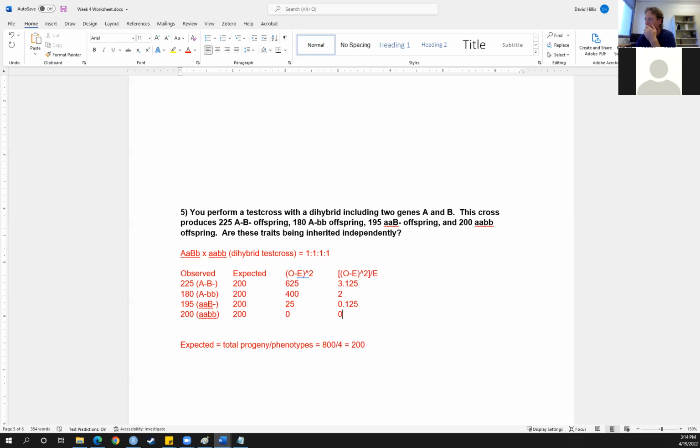So those are the values that we generate. And then in order to calculate our chi-squared, we are going to take those values and add them up. 3.125 plus 2 plus 0.125 plus 0 for good measure.